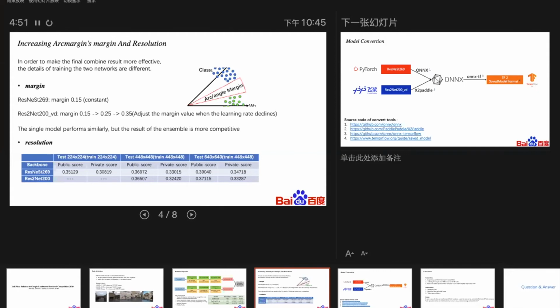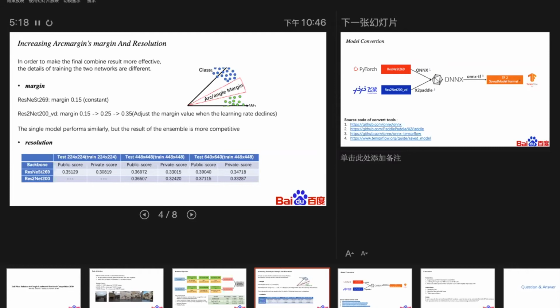From 224 to 448, MAP indicators increased by 1.5%. From 448 to 640, MAP indicators increased by nearly 2%.